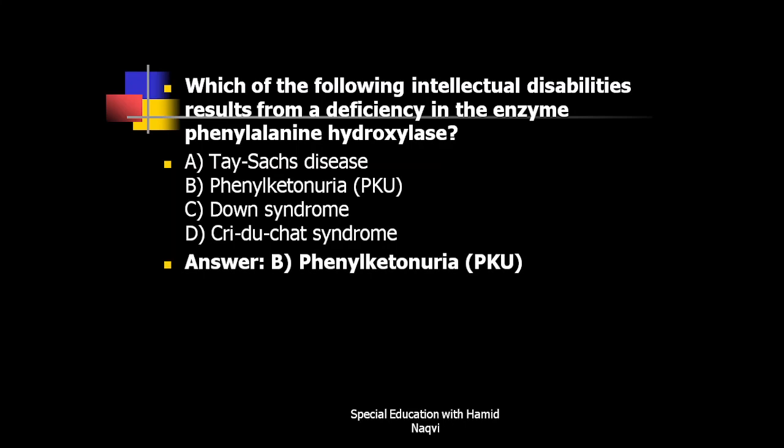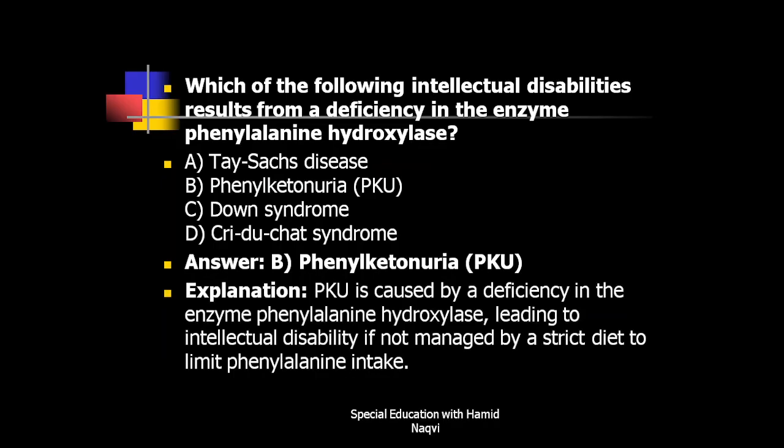The answer is phenylketonuria, which is in short called PKU, and PKU is caused by deficiency in enzyme leading to intellectual disability if not managed by a strict diet to limit phenylalanine intake.